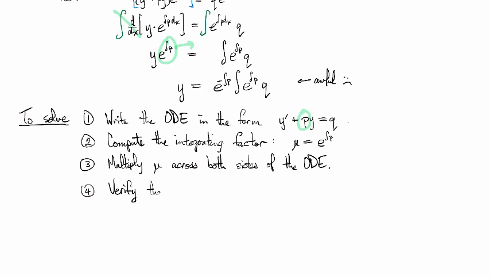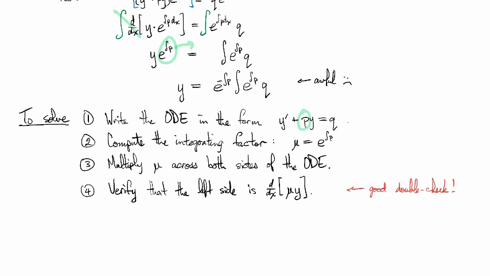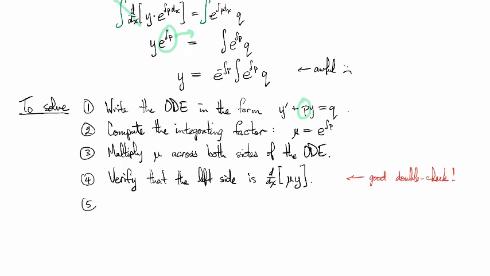Verify that the left side is the derivative of mu, your integrating factor, times y. So this should always happen. That was the first computation that we did, and that's why we set things up that way. So this one is a very good double check. If you don't get that working out, then that means that there was an error in your arithmetic and you should go back and fix it now.